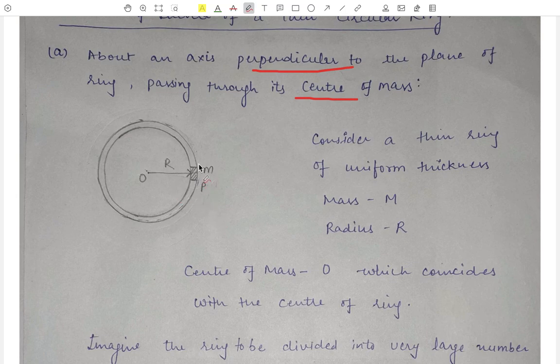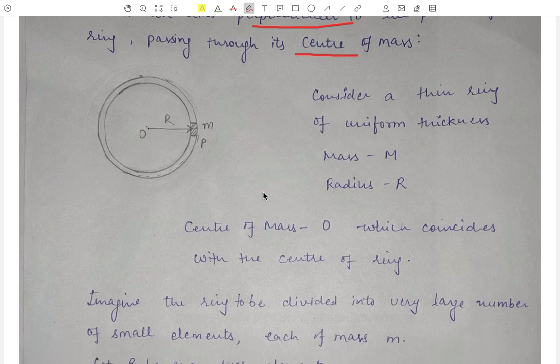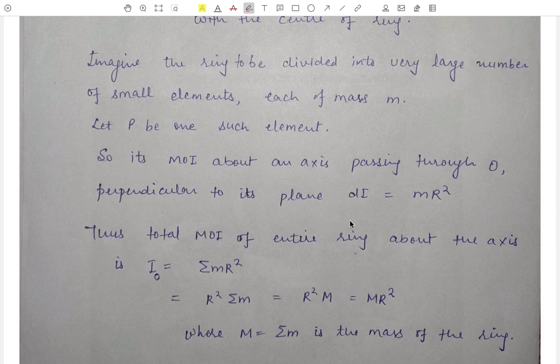Let P be one such element of mass m at a distance of R from the axis. The moment of inertia of this small element about the axis will be equal to mass into distance squared. Mass here is small m and distance is capital R. Therefore the moment of inertia of this small element about the axis will be equal to mR squared.